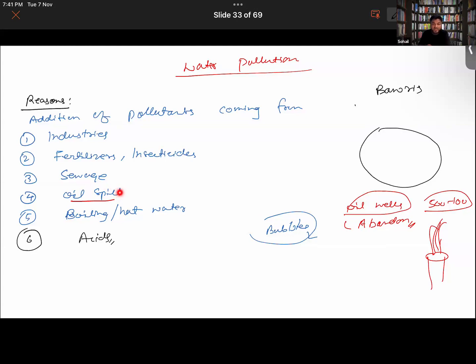If there is oil spill, normally in the oceans, normally in the bigger rivers, or addition of hot water in the water bodies, that can also lead to pollution, right? So can anyone please tell me how boiling water is also a pollutant?